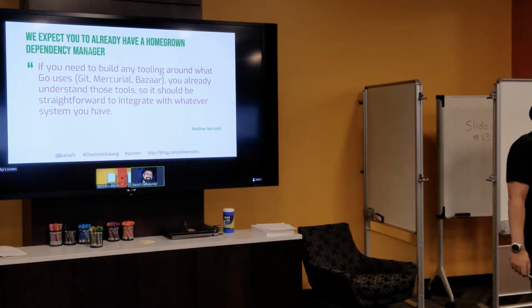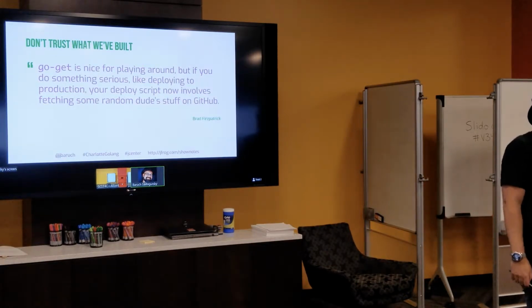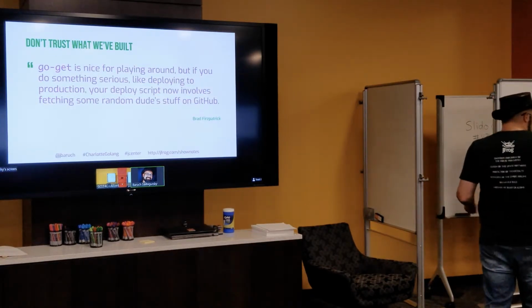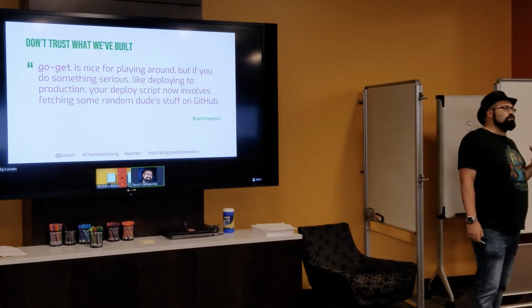That's an old interview, obviously, because 2 or 3 of them are dead by now. You know those tools, use them as a dependency manager. And then again, Brad: well, we have go-get, which is kind of a dependency manager, but if you do something serious, don't use it.